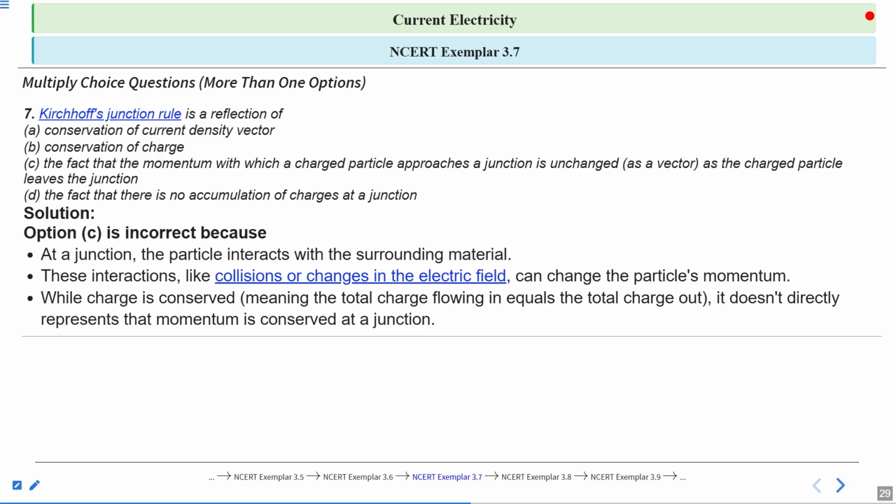The momentum of the whole system is conserved, but it cannot be said that the momentum of a particular particle is conserved, because it is interacting with other ions and electrons. Due to collisions, its momentum is changing frequently. So that's why option C is incorrect.